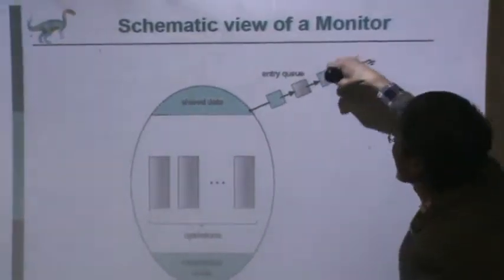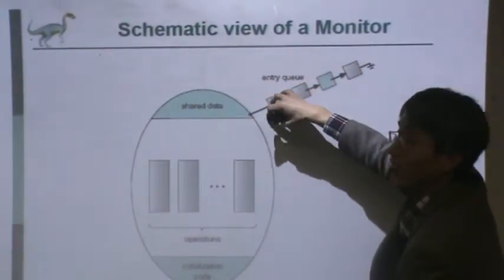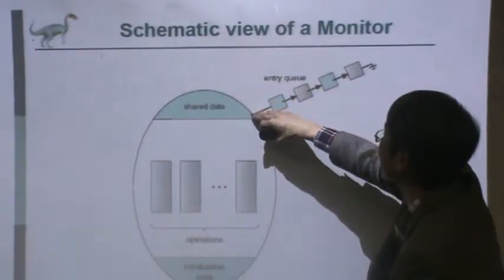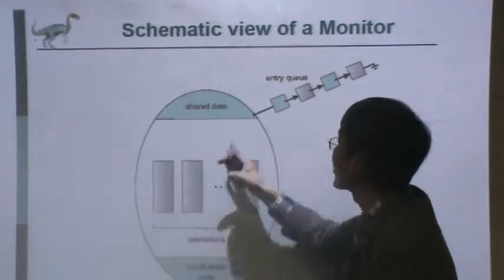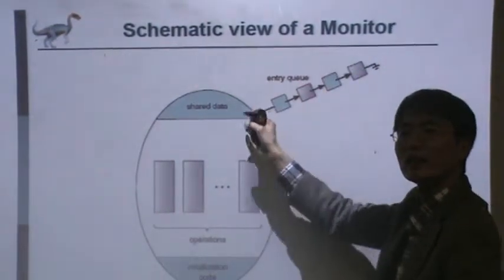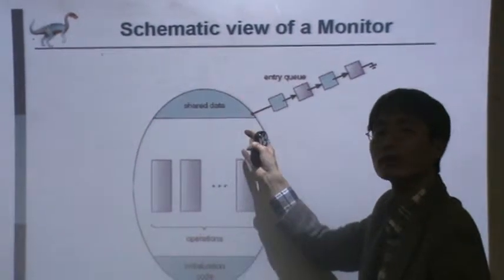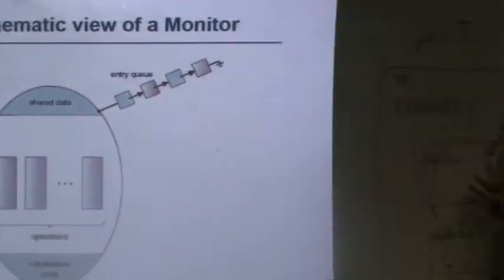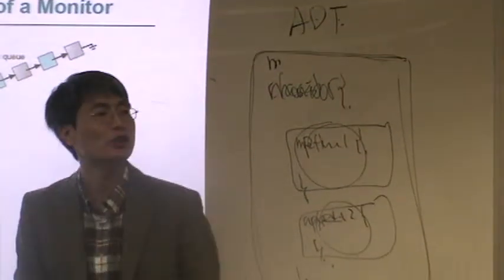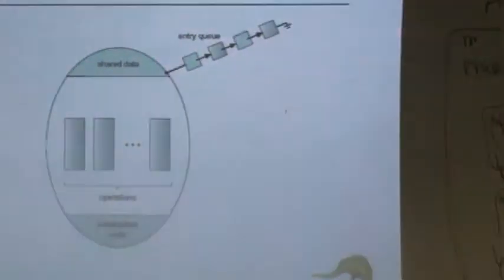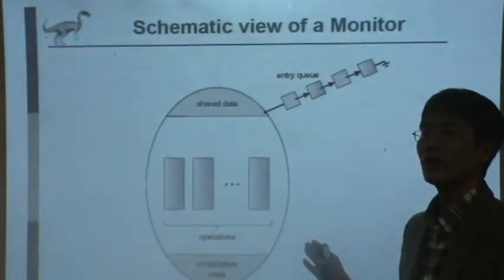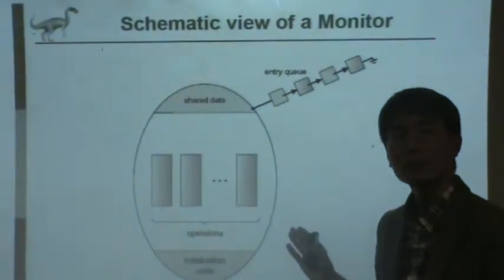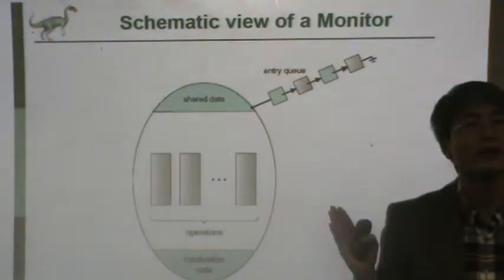Then if there are processes who want to access the shared data through the operation, they need to wait, only one by one. Then they can call an operation method to access the shared data. It's controlled by the monitor. One typical example is a Java class.